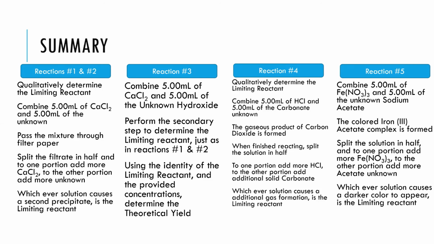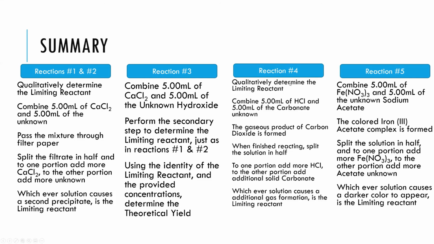So with that, you can determine how many moles of your limiting reactant there are, how many moles of the solid product that the calcium hydroxide would form, that theoretical yield, and what is the mass of that calcium hydroxide, and use the solubility to determine how much of that calcium hydroxide is dissolved in your combined 10 milliliters of solution.